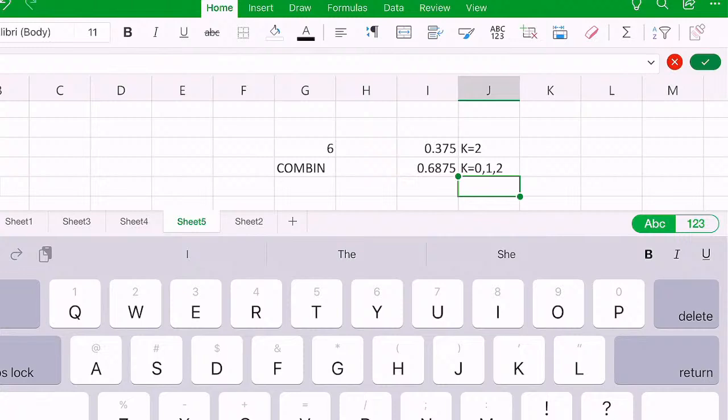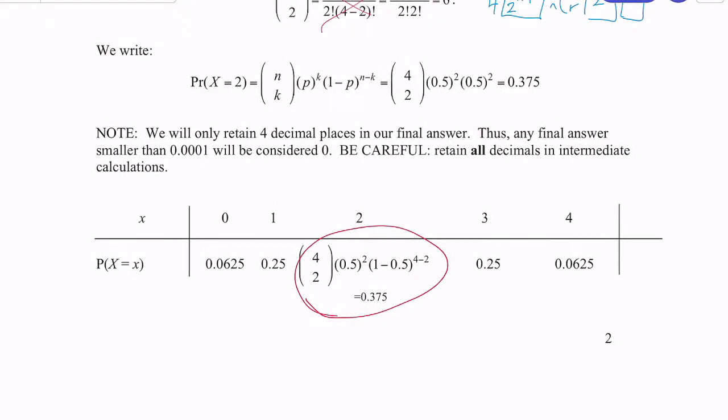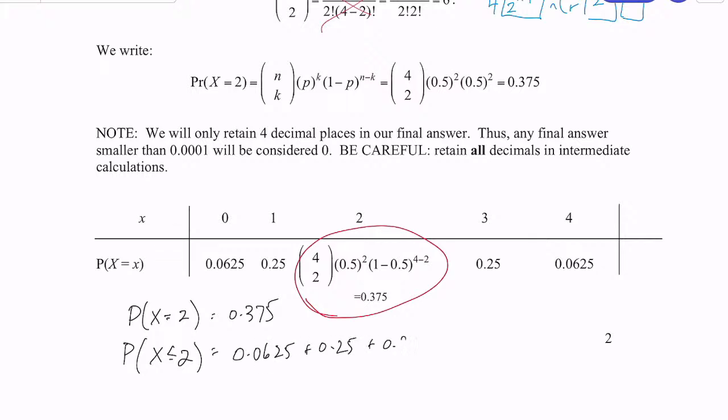And I'll explain what I mean. So you see, if you add together, that would be cumulative. So it's going to add all of these automatically.